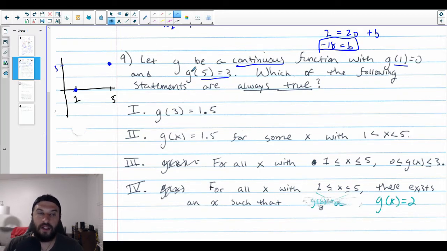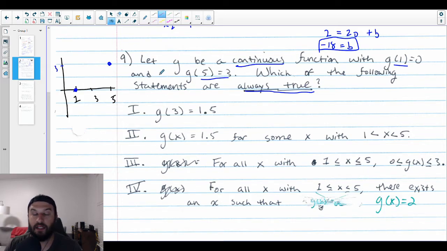So is it necessarily true that g of 3 has to equal 1.5? Well, it's halfway between the x bounds, so does that mean it's halfway between the y bounds? No, this says always true. The intermediate value theorem says that I have to touch every y value in between 0 and 3 because this function is continuous on this interval.